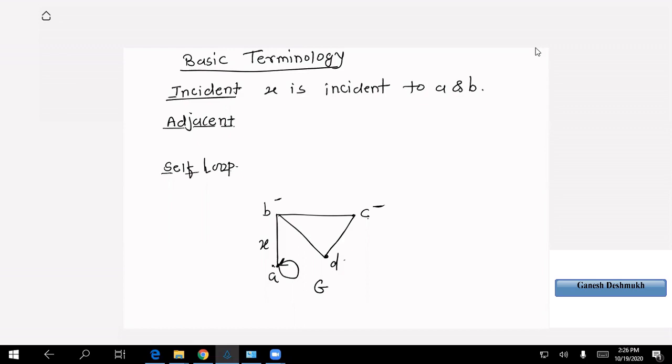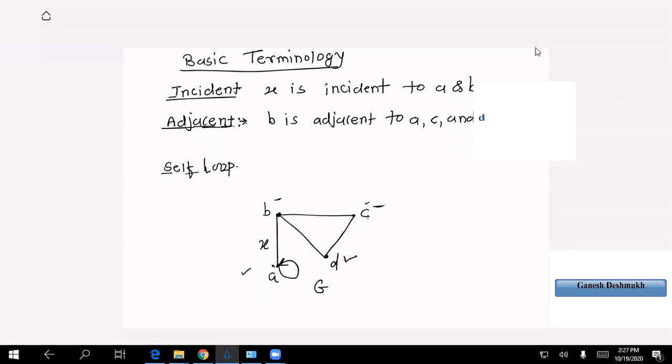Next, what do you mean by adjacent? Consider the vertex B. From vertex B there is an edge to C, there is an edge to A and there is an edge to vertex D. So I can say B is adjacent to A, C and D. Adjacent means there is an edge connecting both vertices.